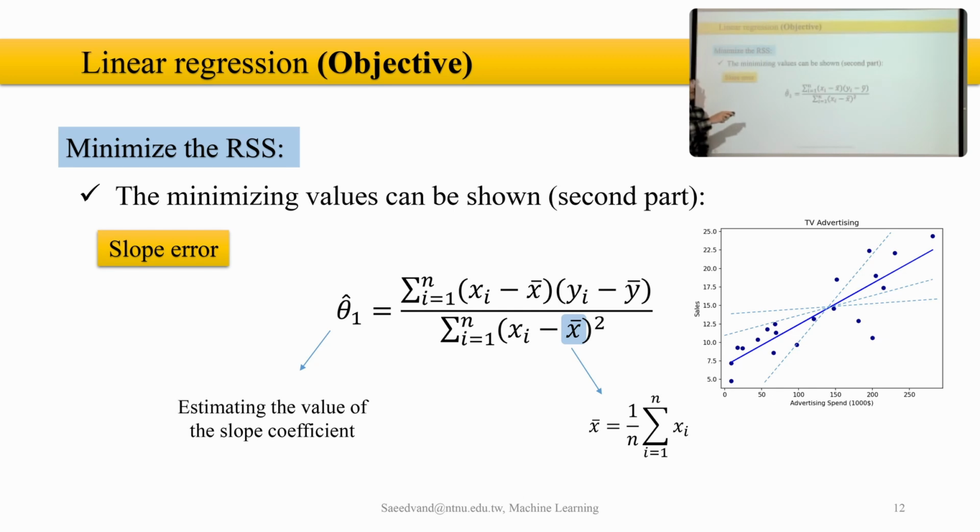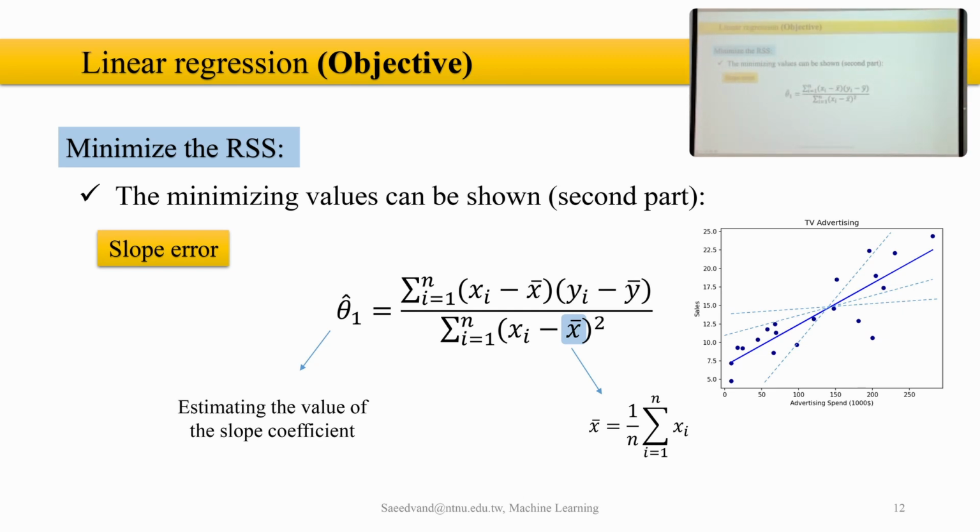The sum of the differences between xi and x bar times the differences between yi and y bar, over the sum of the squared differences of the input, x i minus x bar. This gives me the slope error.